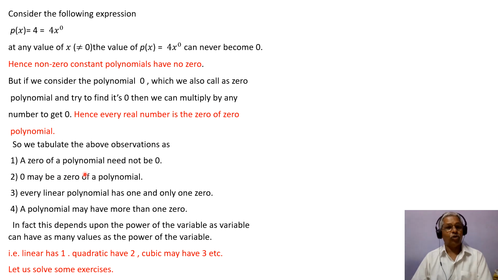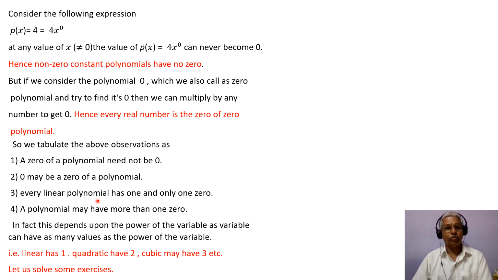A 0 of a polynomial need not be 0. 2. 0 may be a 0 of a polynomial, because 0 into 0 is 0. 3. Every linear polynomial has one and only one 0. Simple.